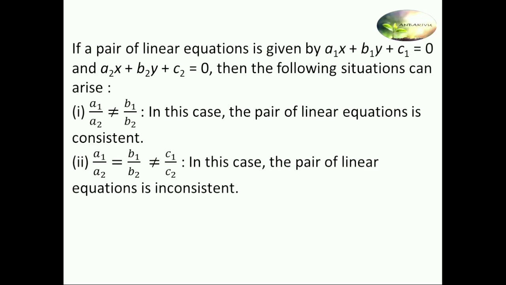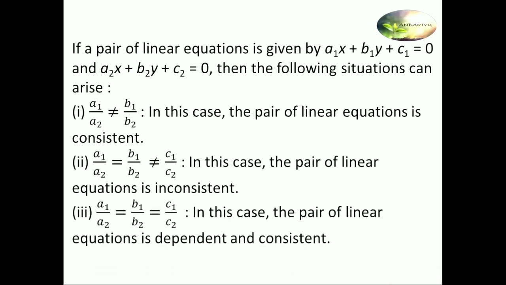What is meant by inconsistent? Inconsistent means there is no solution. Let me come to the third case: a1 by a2 is equal to b1 by b2 is equal to c1 by c2. Here the pair of linear equations is dependent and consistent.